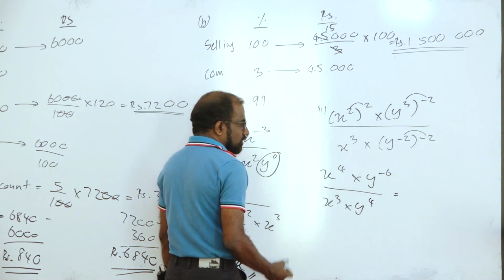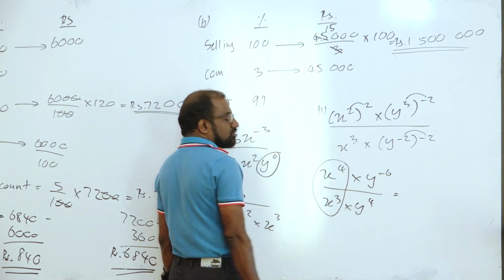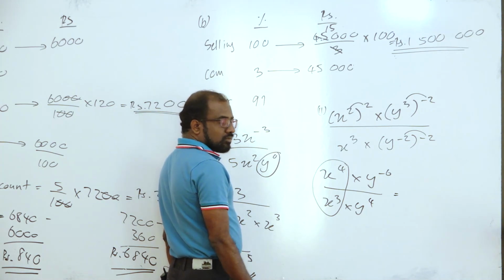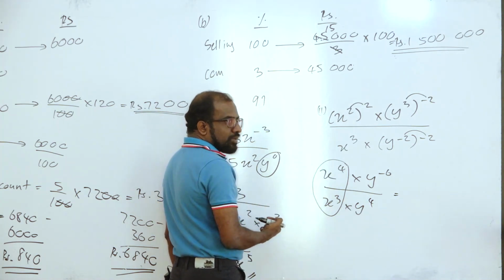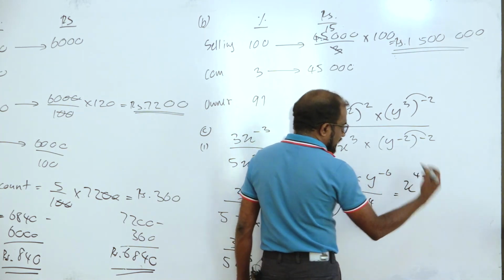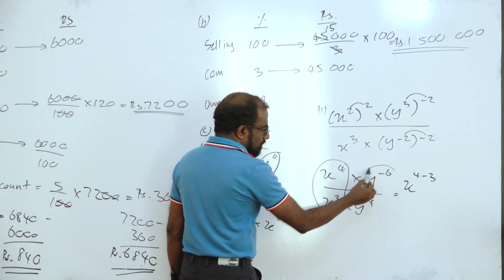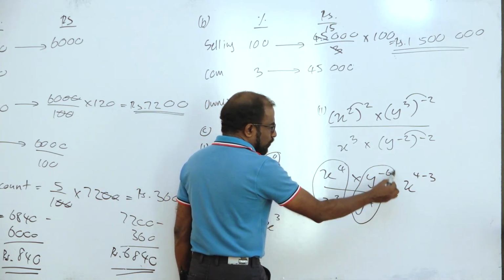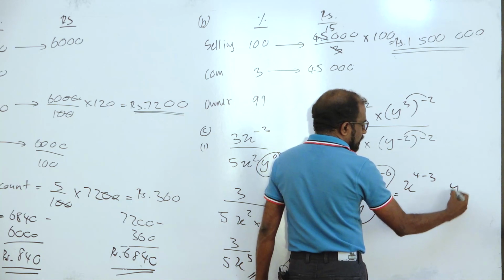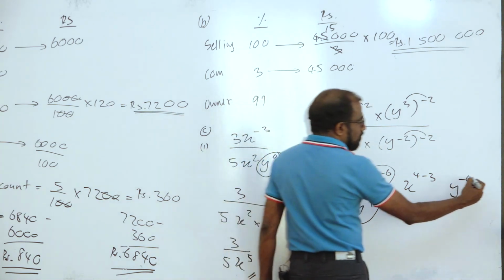Then, very important, these are to be divided. When dividing, what happens? Indices should be subtracted. So x to the power 4 minus 3. Here y to the power minus 6 should be divided by y to the power 4. Then y to the power minus 6, this one should be subtracted: minus 4.